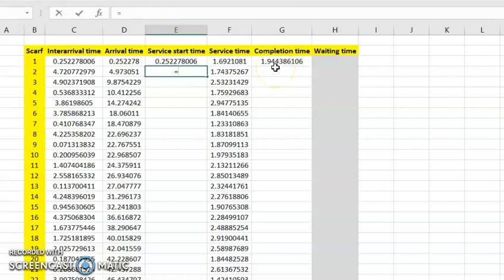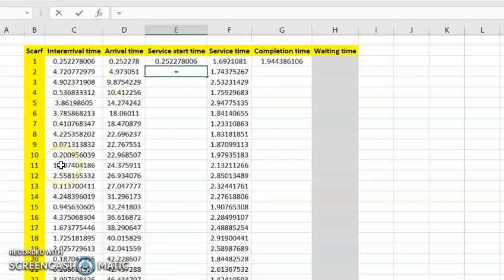When the completion time of scarf 1 is 1.94 and the arrival time of scarf 2 is 4.97, beyond the completion time of scarf 1, in this situation scarf 2 doesn't need to wait, and the arrival time would be equal to the service start time because scarf 1 has already left.